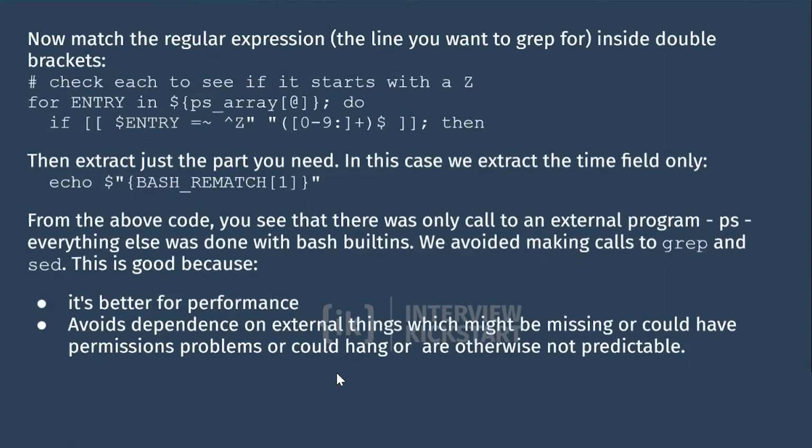There might be permissions issues. They might be missing. Their version number might behave differently than we were expecting with the previous version. Those external programs could hang. That's one of the big issues, is when you depend on external programs, they could hang. And otherwise, such things are less predictable than we like them to be. So if you can keep everything inside of bash, it's better.